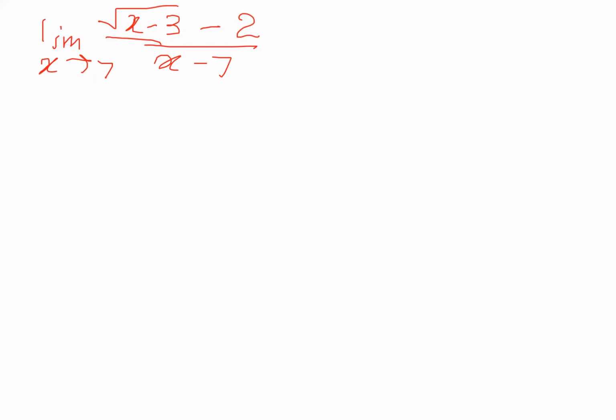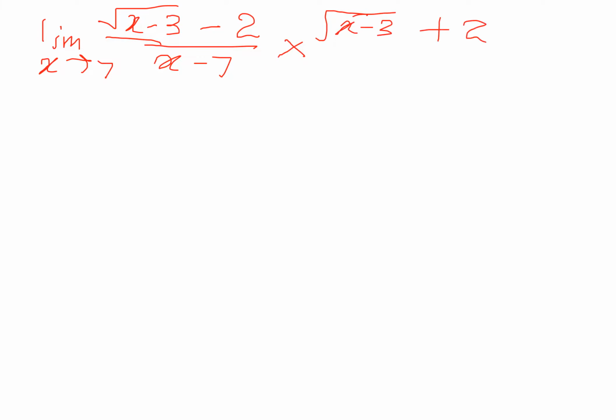So then what I want to do here is remove this x minus 7, right? Otherwise we can't get the value for this one, because if it stays here, x minus 7, this whole part becomes 0. So in this case, we can multiply by the same value like this: the square root of x minus 3, plus 2, right?